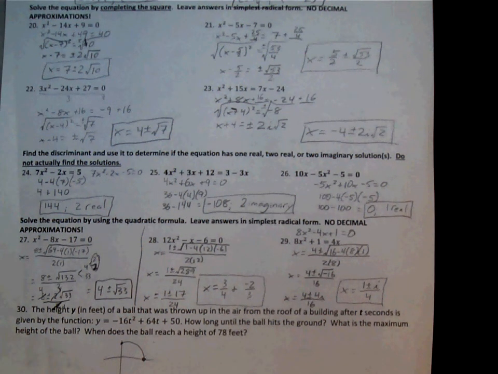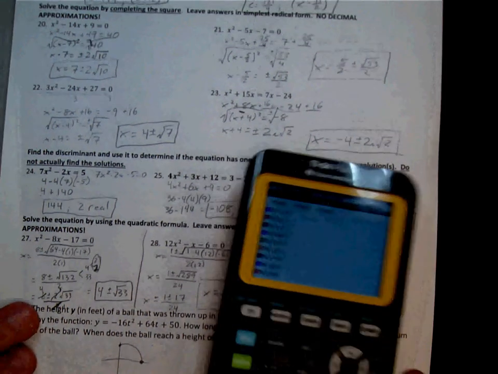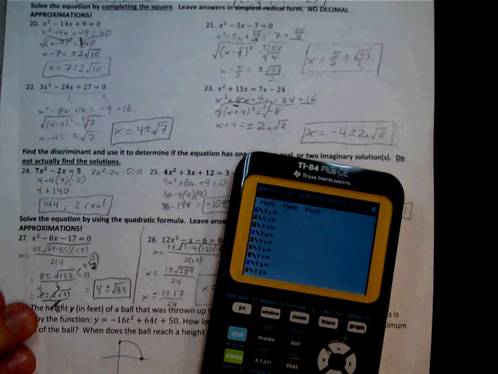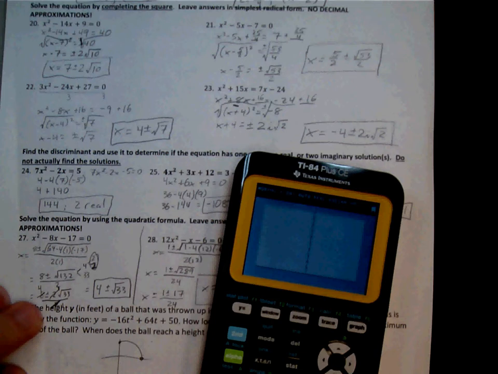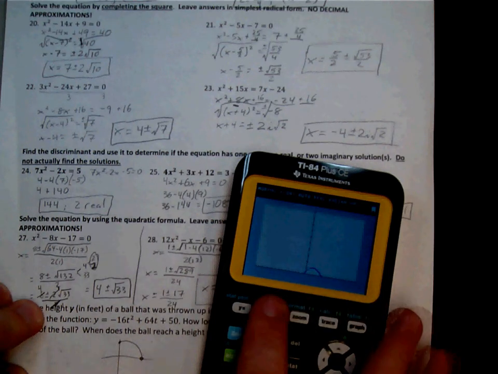I could go ahead and graph this. So negative 16x squared plus 64x plus 50, oops, plus rather. Okay, I probably forgot to change my window. I can go ahead and modify it and go down quite a bit.